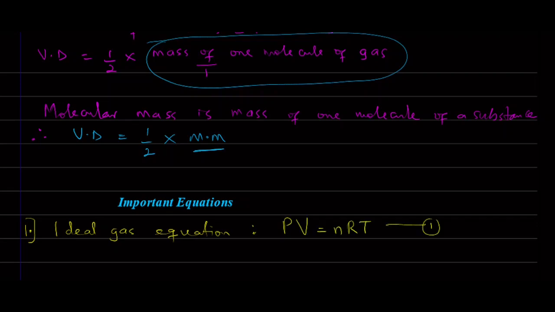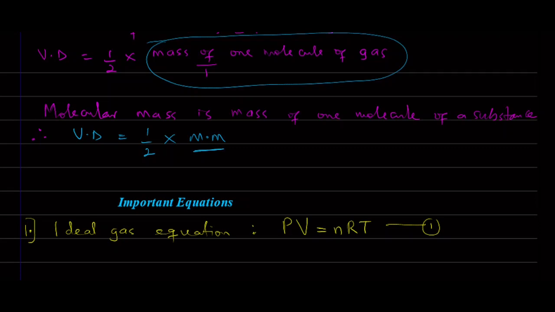P represents the pressure of the gas, V the volume of the volatile liquid used in the experiment, n the number of moles, R the universal gas constant, and T the temperature in Kelvin. How do we make use of this equation? We're going to talk about that in a few seconds.